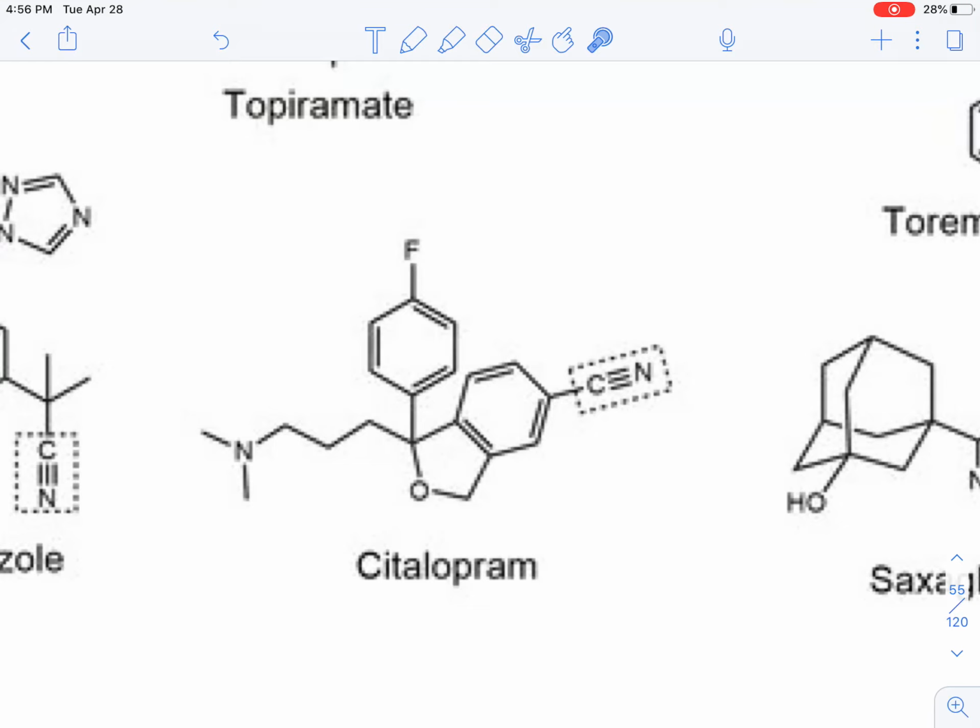And serotonin is one of these neurotransmitters that's associated with happy feelings, right?